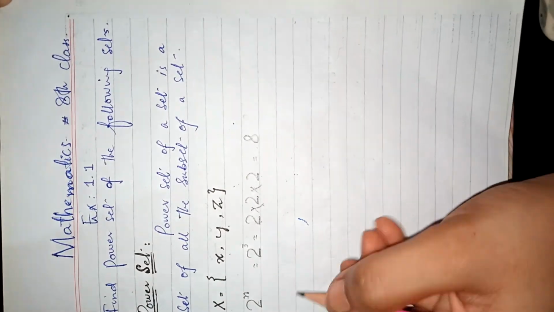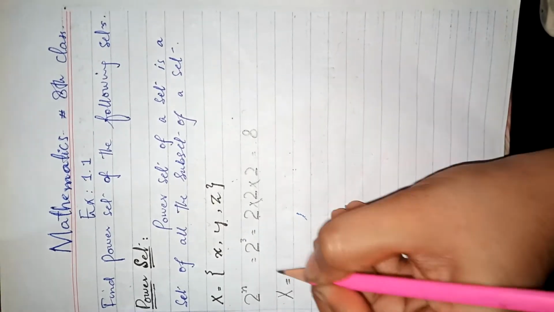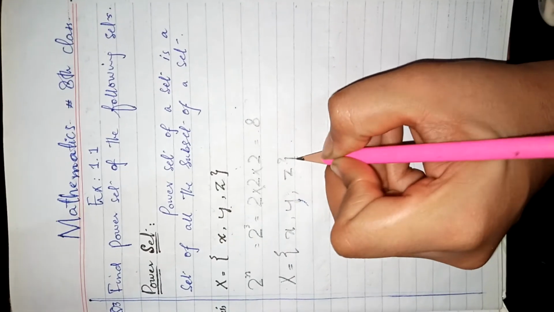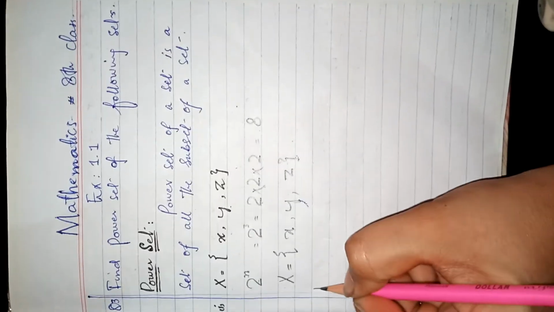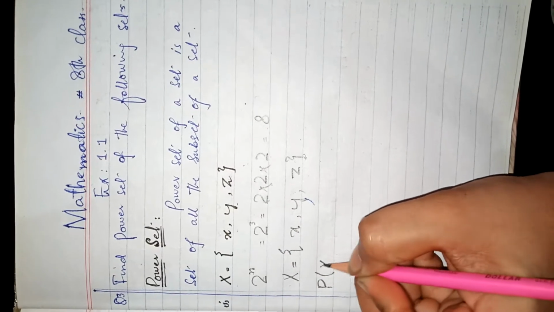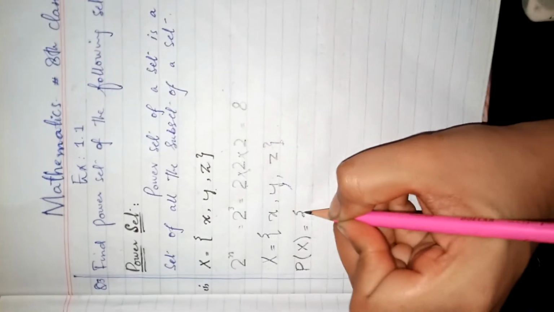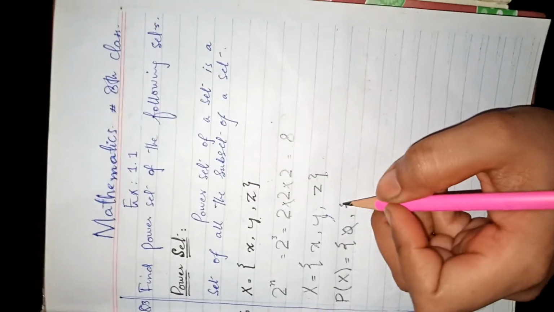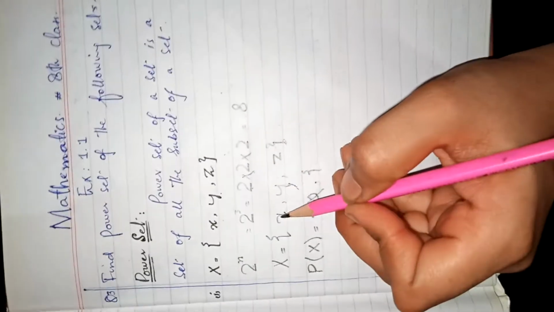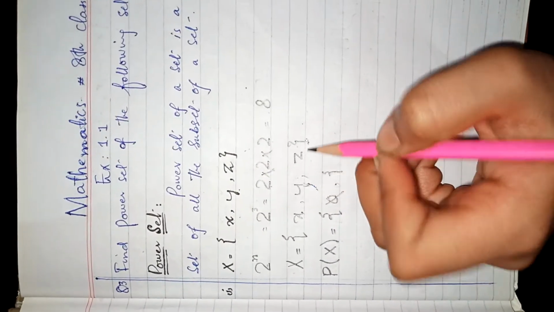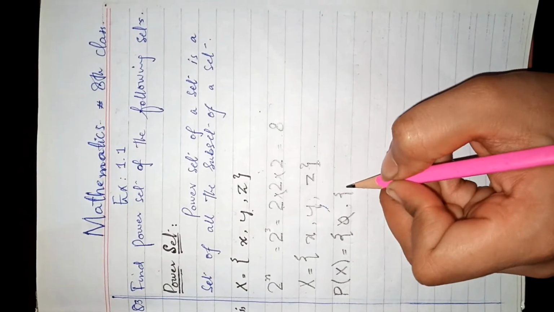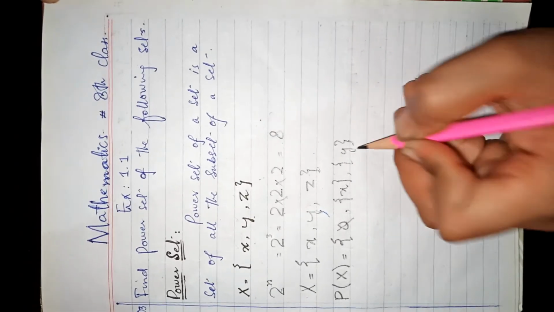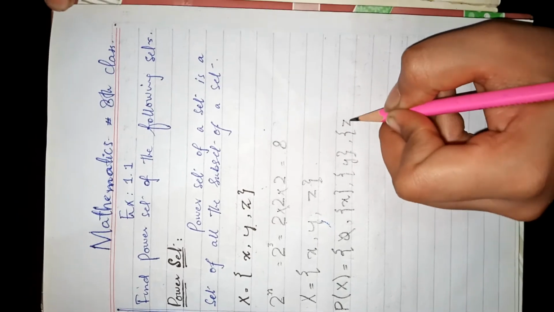Okay, now we will solve. X is equal to {x, y, z}. We have to write the power set like this: power set of set X. The first set will be the null set. And then we will have one element in each set: {x}, {y} and {z}.